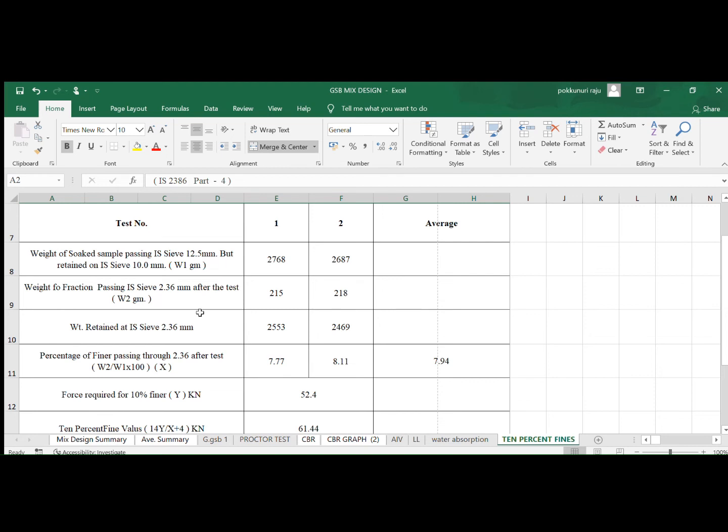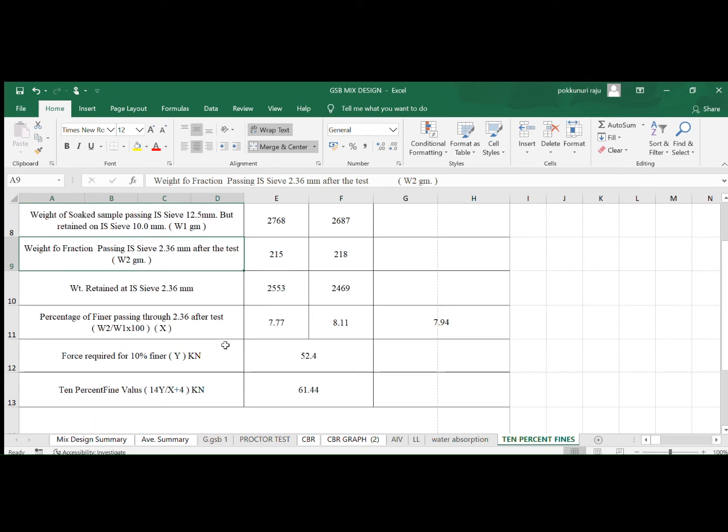The weight of the fraction passing IS 2.36 after the test is noted down. The weight retained on the 2.36 sieve is noted, and then the percentage passing through 2.36 is calculated as W2 divided by W1. That means the weight of the fraction passing divided by the weight taken, in terms of percentage.